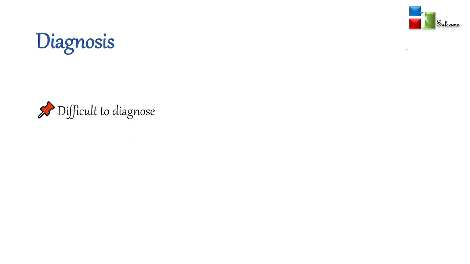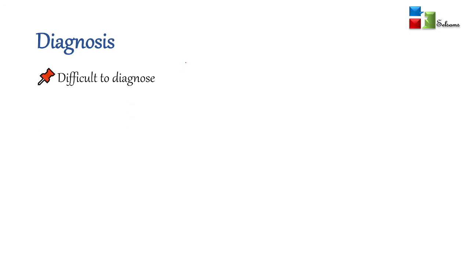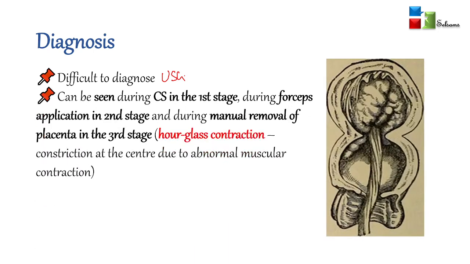How do you diagnose? It's very difficult to diagnose. The only option is USG, ultrasonography. It can be seen during the cesarean section in the first stage. During forceps in the second stage, we could see that. And in the third stage, during placental delivery, we'll be able to find it out.